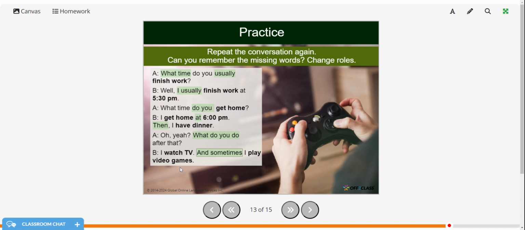All right, now we'll switch again and you read part A and I'll read part B. Well, I usually finish work at 5:30 p.m. I get home at 6 p.m., then I have dinner. I watch TV and sometimes I play video games.